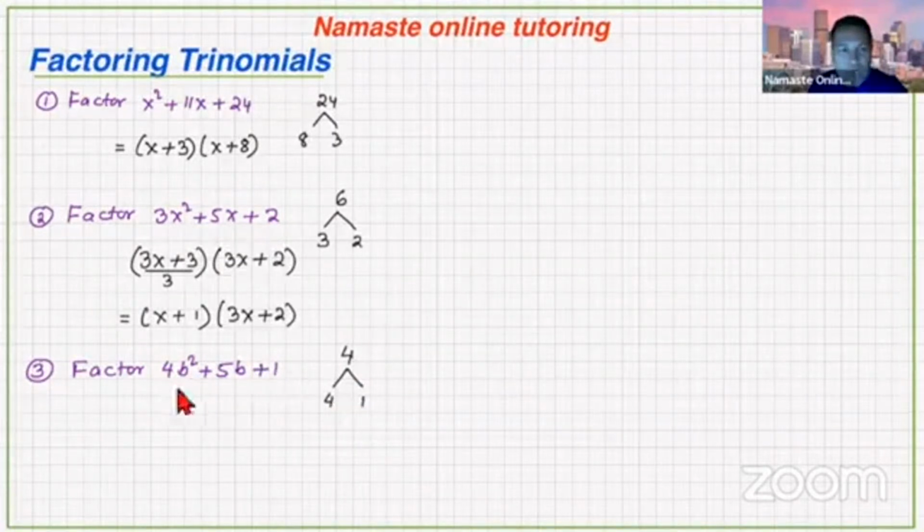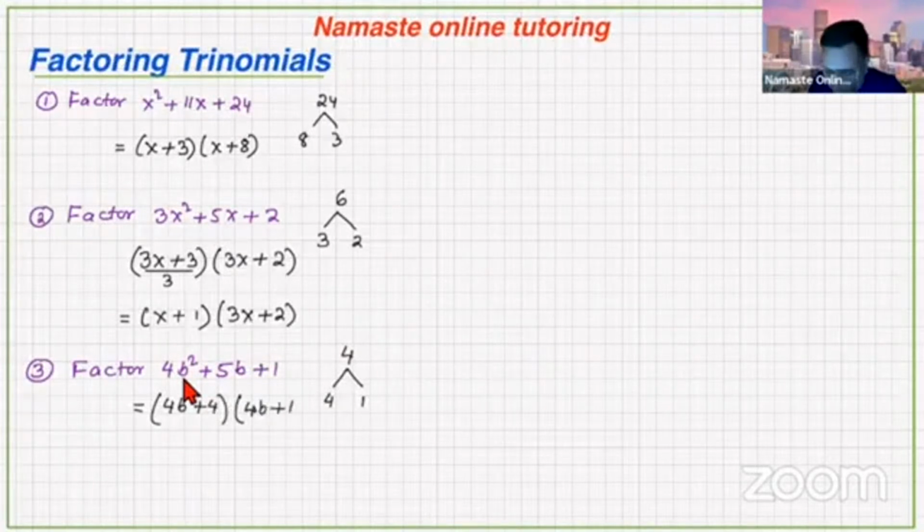So we can rewrite this using these two numbers. Here we have 4b squared, so our first term would be 4b. So we write it like this: 4b plus that first number 4, and 4b plus that second number 1. In the second parenthesis, there is nothing common, so we don't have to divide that. But for the first one, we can see that there's the common factor of 4, so we divide that by 4.